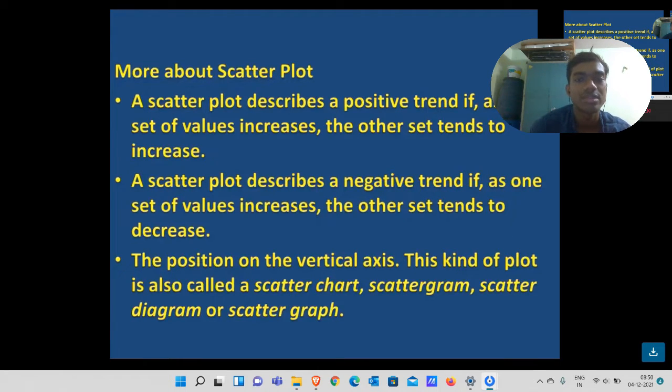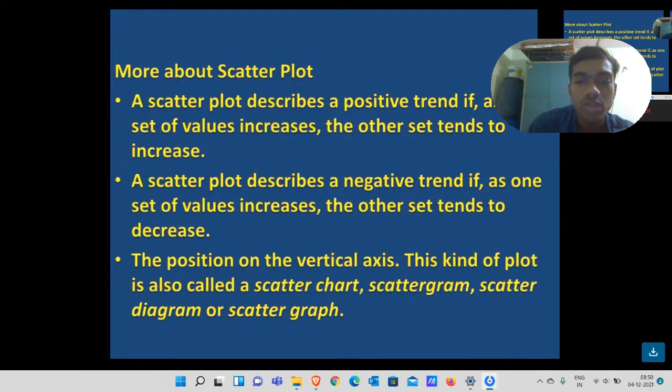A scatter plot describes a negative trend if, as one set of values increases, the other set tends to decrease. This is an example of a negative trend, when the slope is negative. When x is increasing, y is decreasing, or y is increasing, x is decreasing.